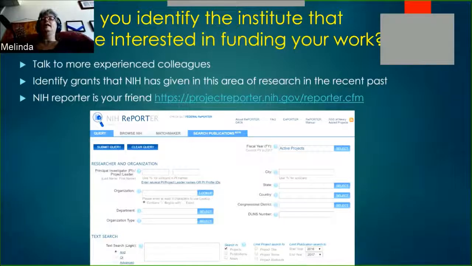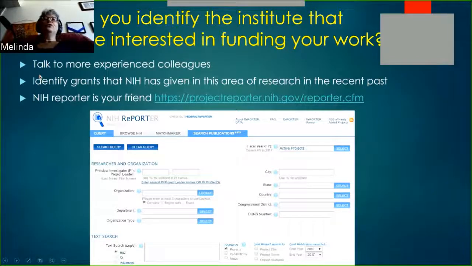I'll get to that in a little bit when talking about grant mechanisms and how you find information about them. It could also be a T32, but that's a training grant that you do not apply for. That's applied for by your institution, and you're appointed to a training grant. If you want an individual postdoctoral award, that's the F32.